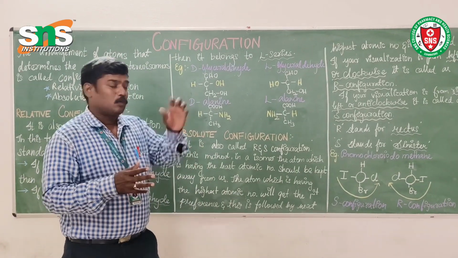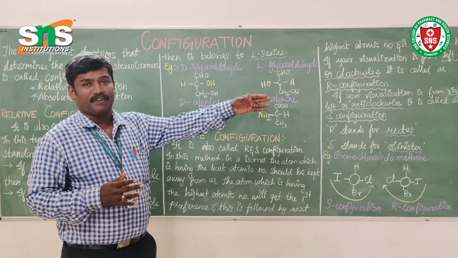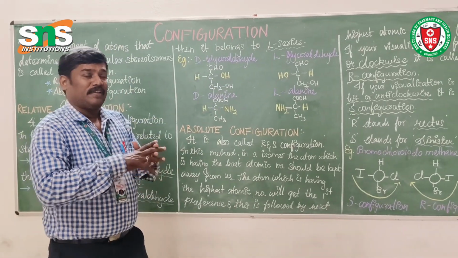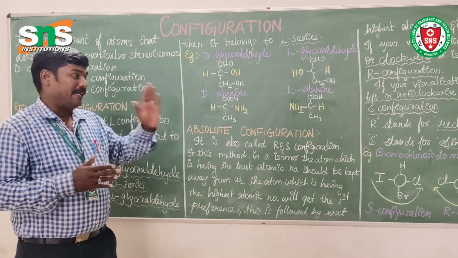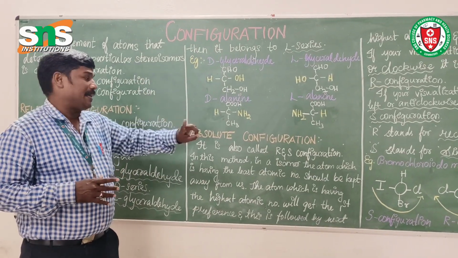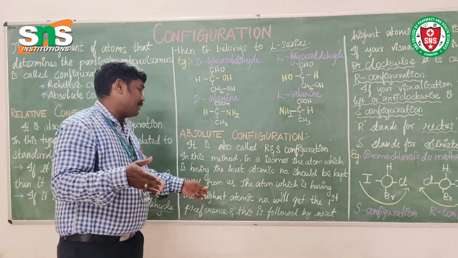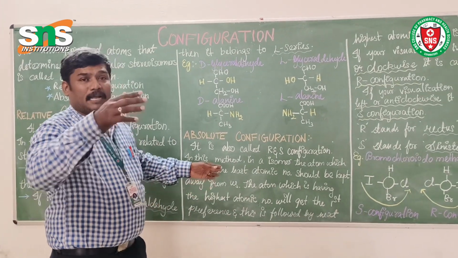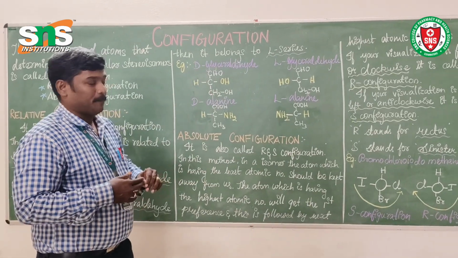The atom or group having the least atomic number should be kept away from us. Then the atom having the highest atomic number gets the first preference, followed by the next highest atomic number and so on.